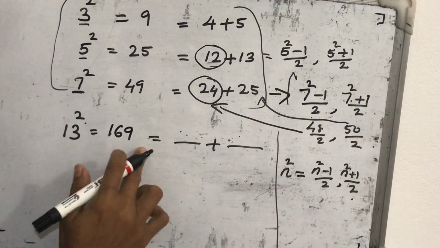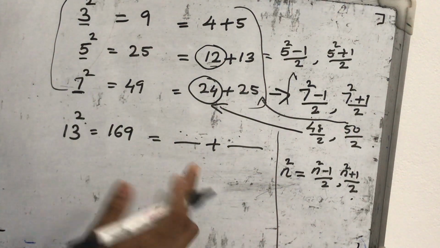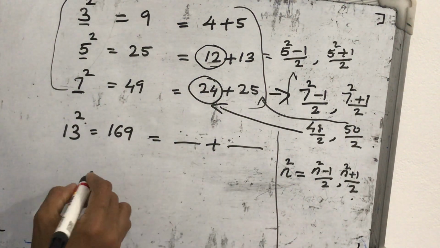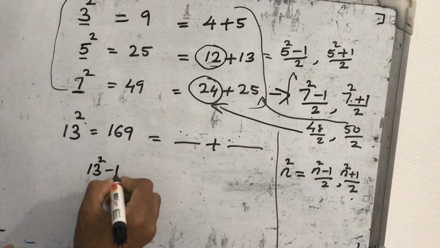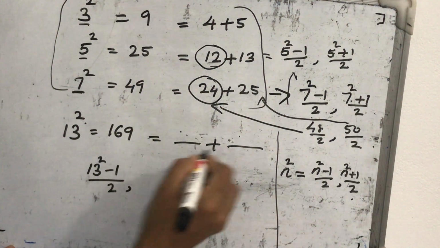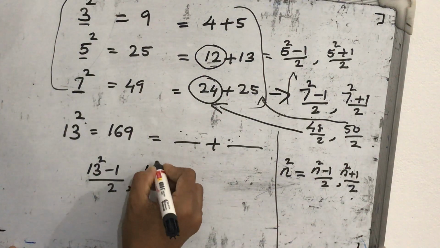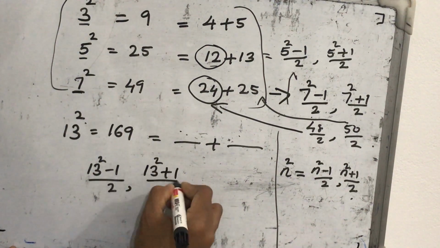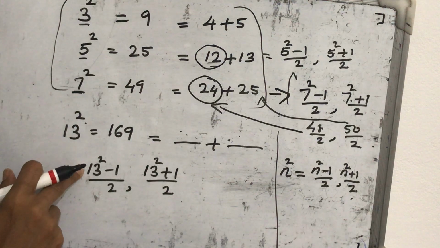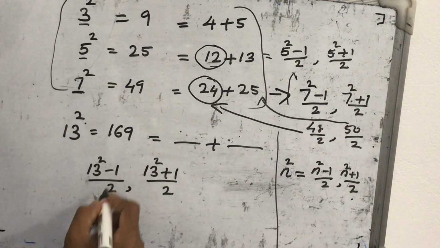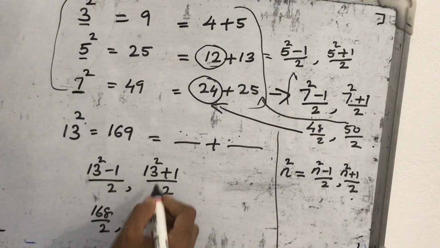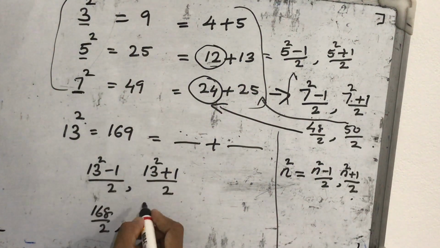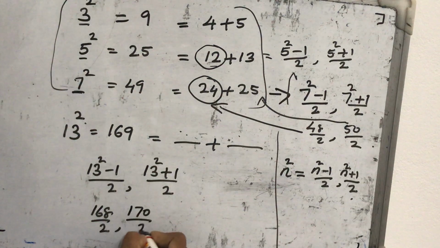169. Now how can we express 169 as the sum of two consecutive numbers? For that, the first number we can take as 13 squared minus 1, by 2. For the second number, 13 squared plus 1, by 2. That is 169 minus 1, 168 by 2, which gives the first number. And 169 plus 1, 170 by 2.